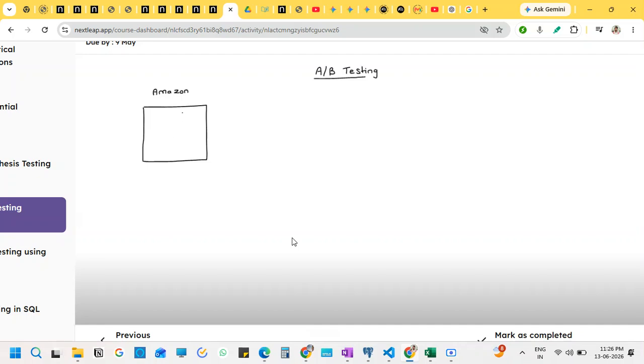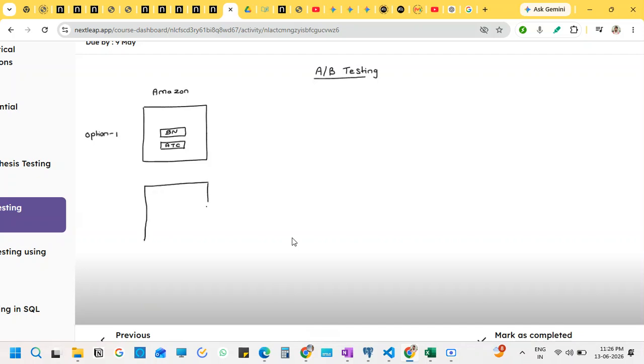Now, Amazon wants to test whether they should keep the buy now button and the add to cart button in the center or on the right side. So let me draw the two versions. One option is to keep buy now and add to cart in the center. So this is option number one.